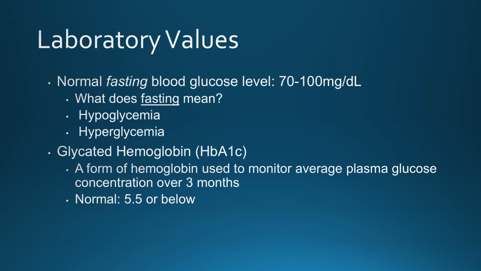Then we also have the glycated hemoglobin, or we can also call this the glycosylated hemoglobin. This is a form of hemoglobin that is used to monitor average plasma glucose concentration over the past 90 days. We also call this the hemoglobin A1C, so be sure that you do not get this confused with the hemoglobin on red blood cells that helps to carry oxygen.